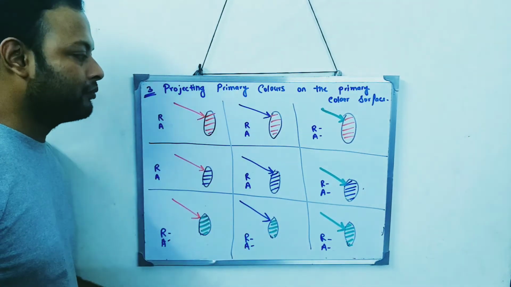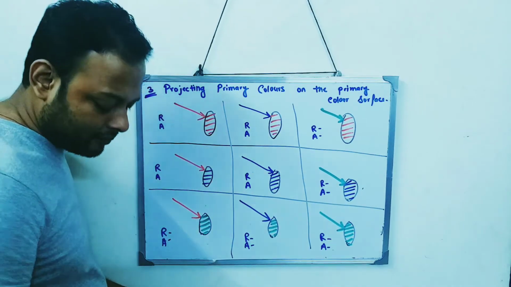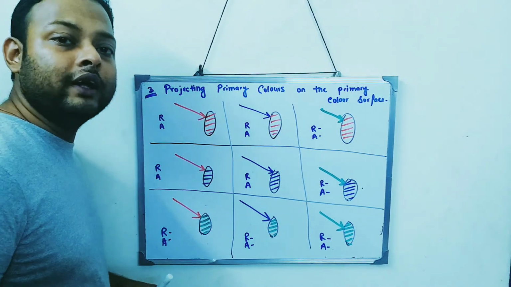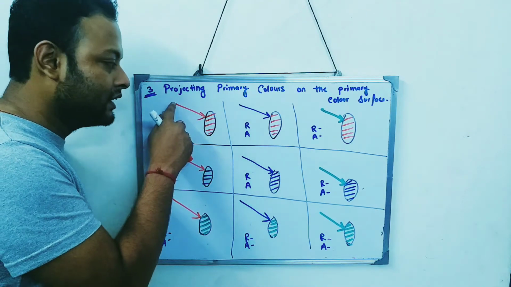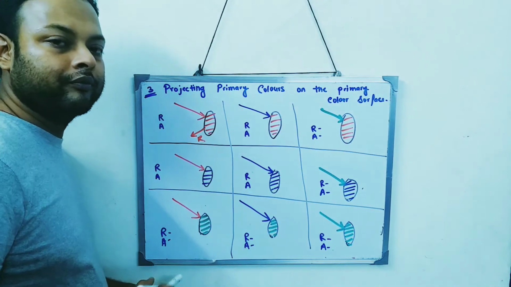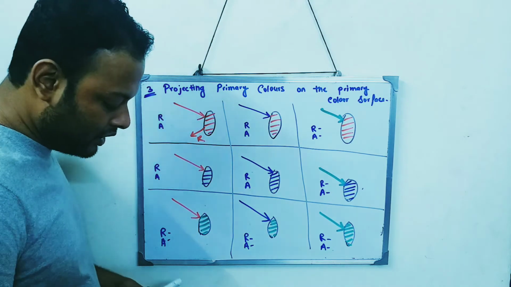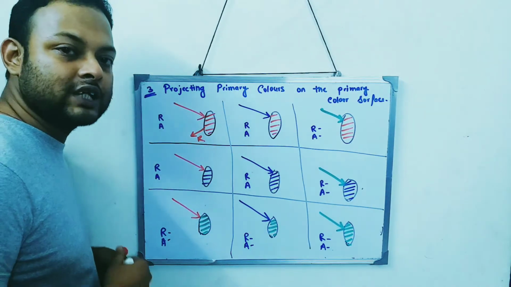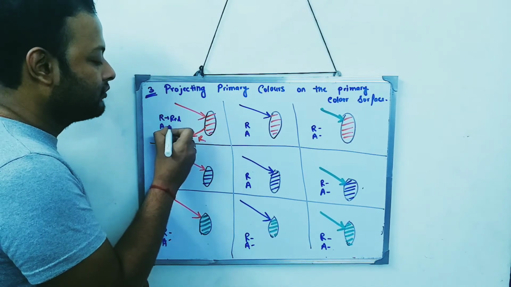Over here, what will happen? See, the red surface will try to reflect that color only. As only red color is coming, it will reflect the red color. So what is getting reflected? R and A: R stands for reflect, A stands for absorb. The red color is getting reflected.